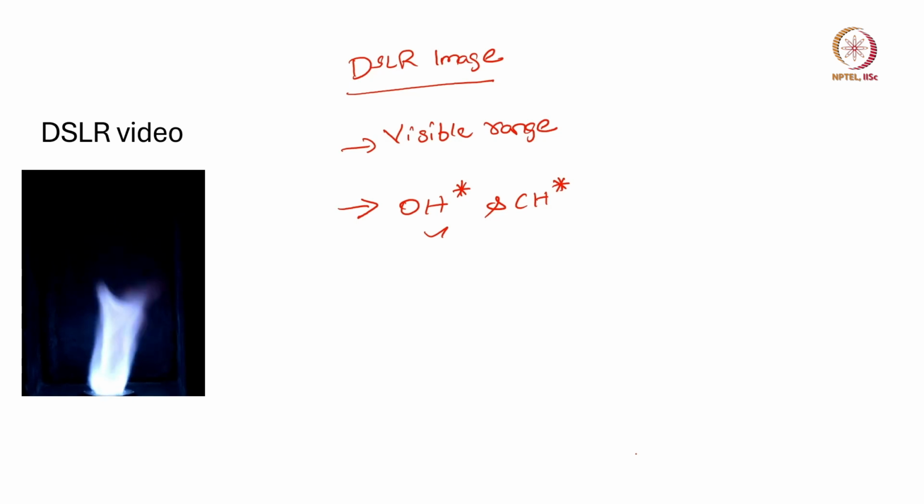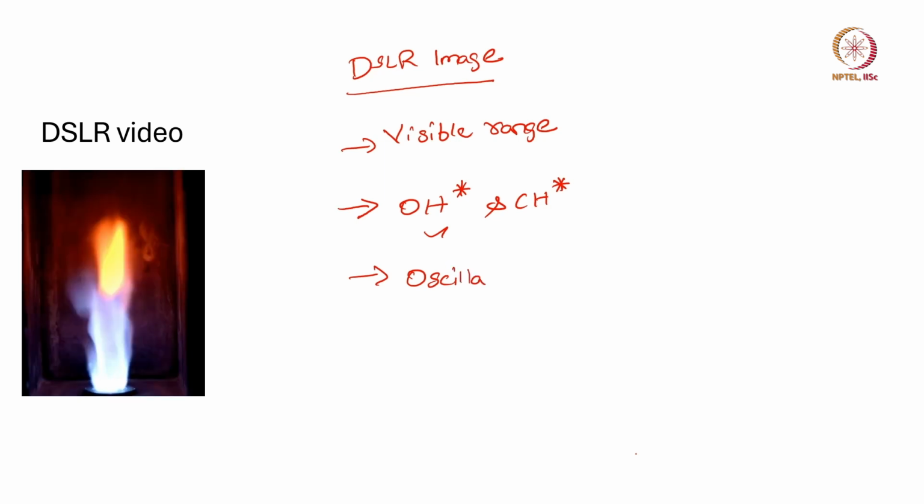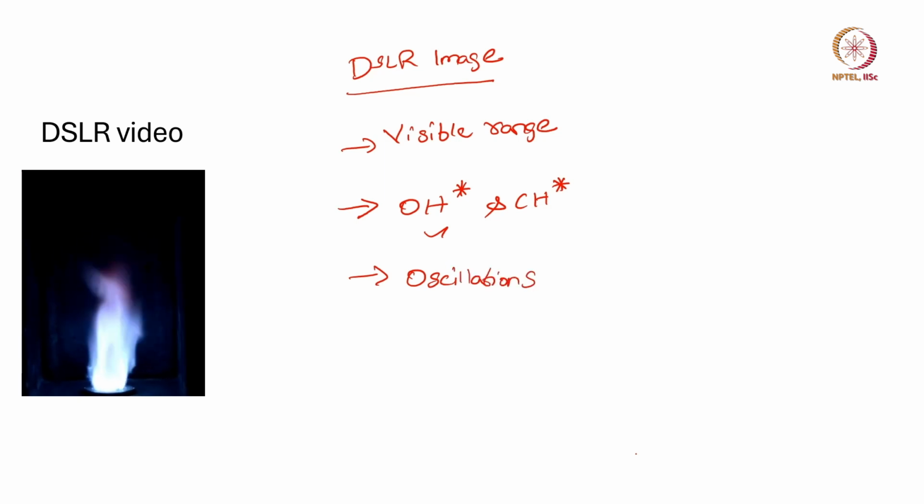These signals are critical for understanding the combustion processes. Another important thing we can observe from the flame is that it exhibits significant oscillations, which makes it more dynamic in nature.